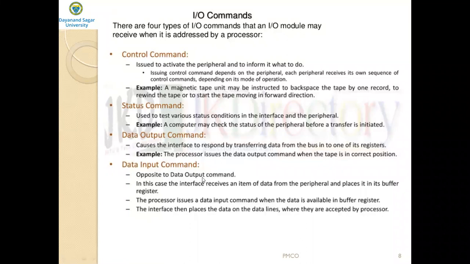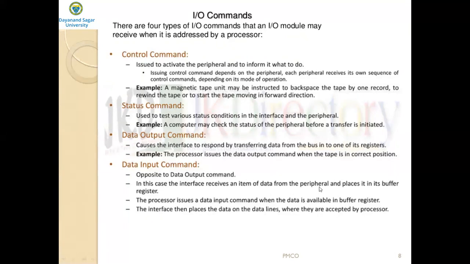Then data input command is also called the read command. So this is opposite to data output command, that means write command. In this case, the interface receives an item of data from the peripheral. It is nothing but simply we are reading data from the peripheral or input device and placing it in its buffer register. The processor issues a data input command when data is available in the buffer register. So once the data is read from the input device, it will get stored in the buffer register.